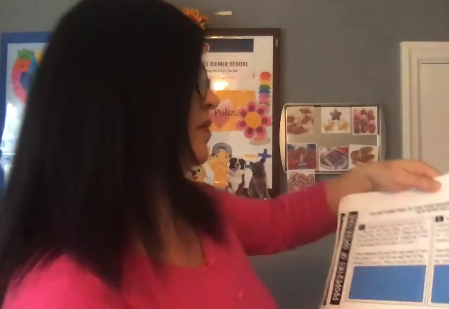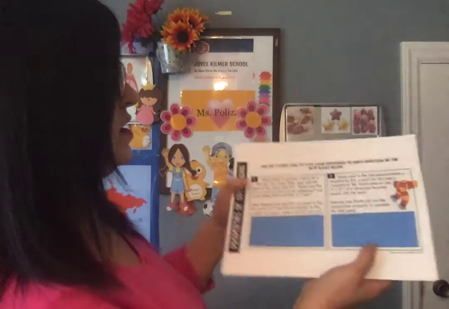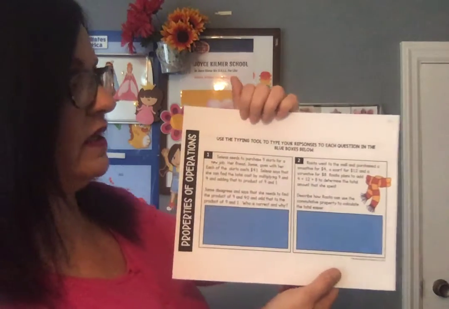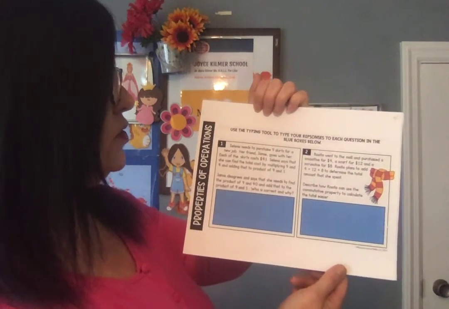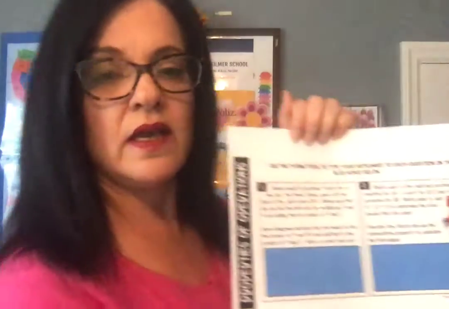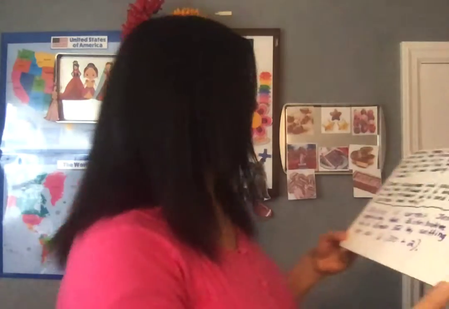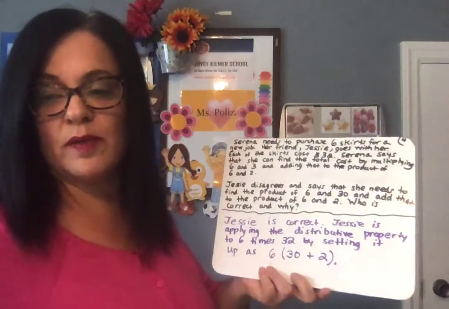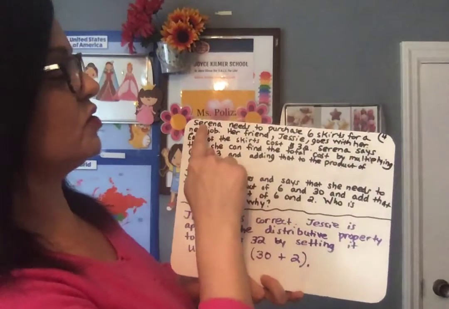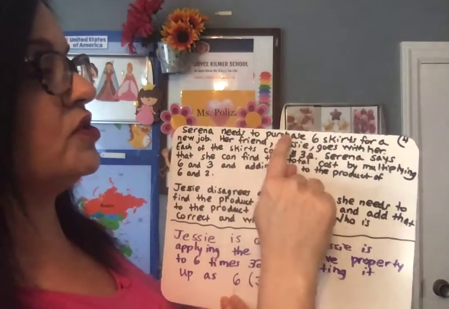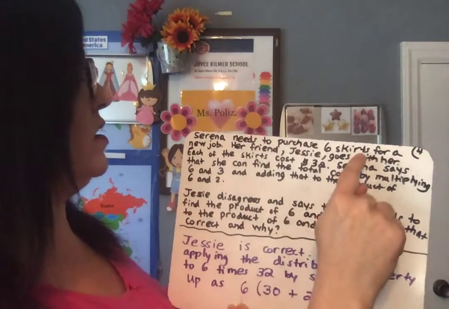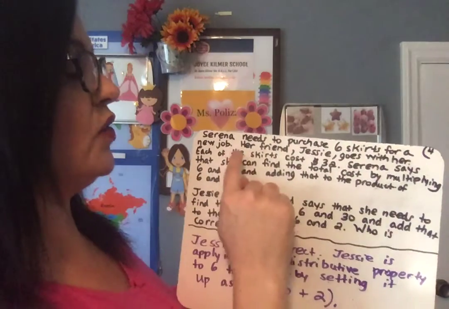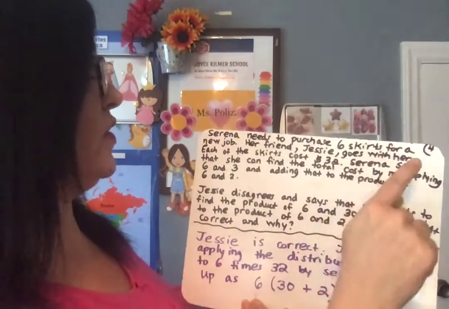All right, and then on page number 4, you'll be given some situations which you will have to read and decide whether you agree with it or not, okay? So let's look at what an example situation might look like. So for example, over here, here's a problem, and it says, Serena needs to purchase 6 skirts for a new job. Her friend Jessie goes with her.